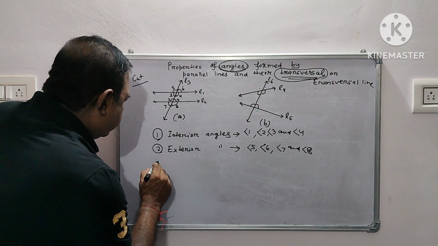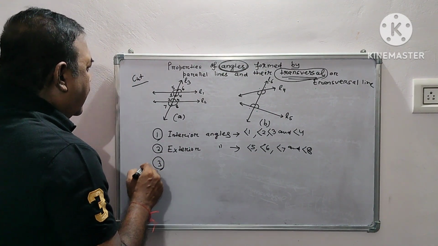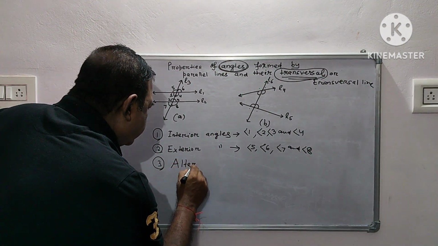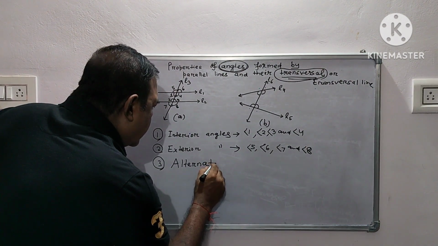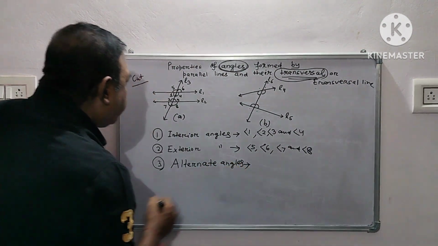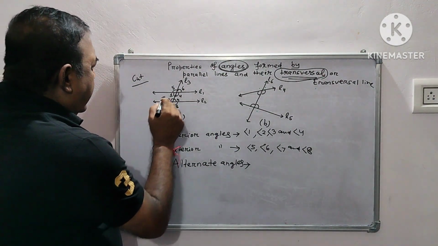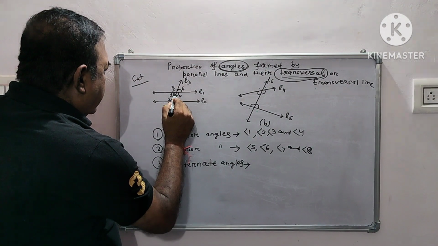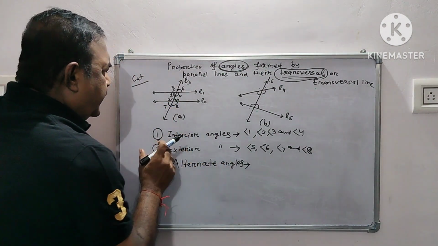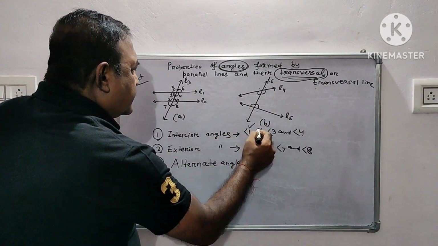Next, what types of angles are formed? Alternate angles. You see, angle 1 and angle 3. These are in pairs, interior angles.